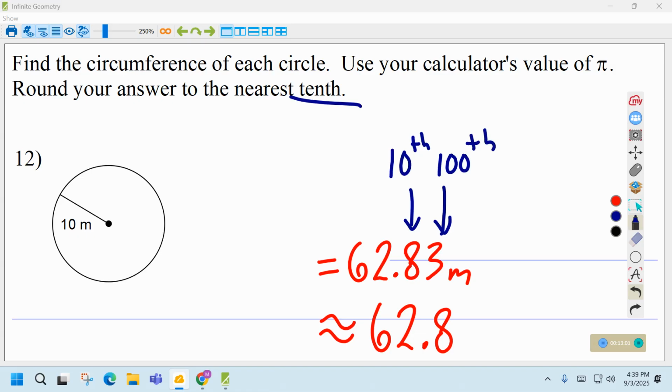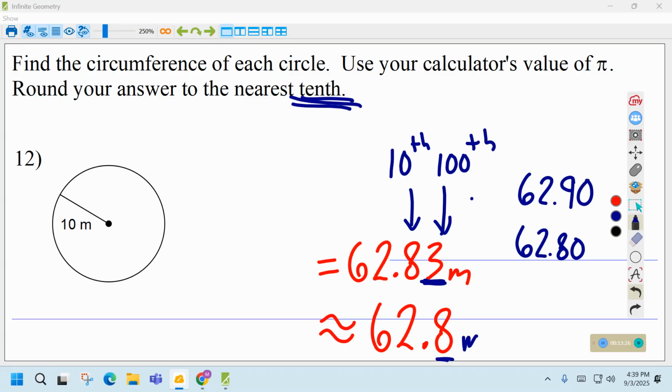So to round to the nearest tenth, we look at the digit in the hundredth place, and if this is a 5 or bigger, then we round that number up. But this is 3, and that's smaller than 5, so we keep this as an 8. The idea is really like, is this closer to 62.80, or is it closer to 62.90? That's really all we're doing when we're rounding to the nearest tenth. And it's closer to 62.8. So just don't forget to put meters right there.